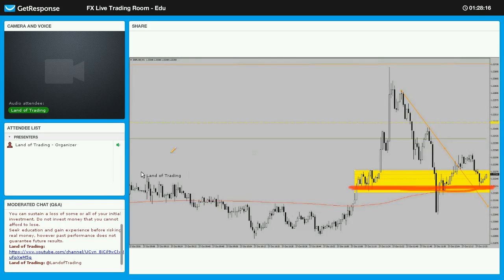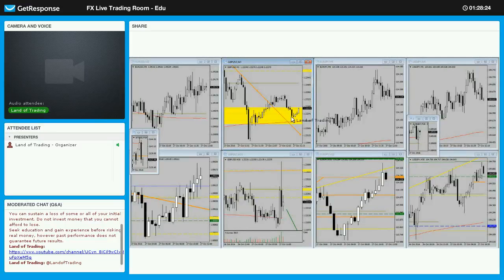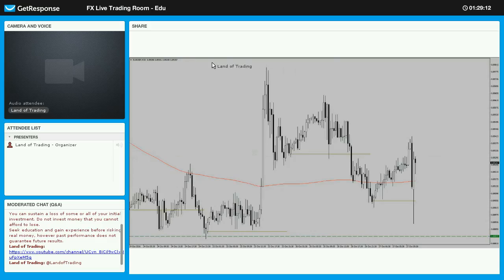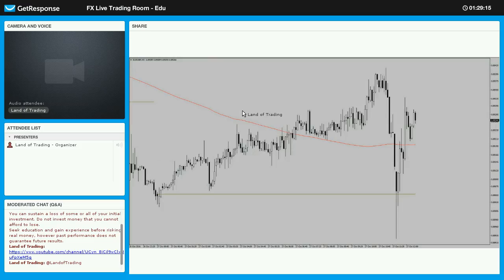Bulls are trying. But as I'm already short euro pound, I'm not in a rush to add. That's euro pound 5 minute.